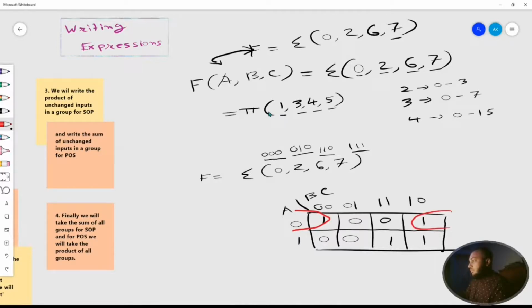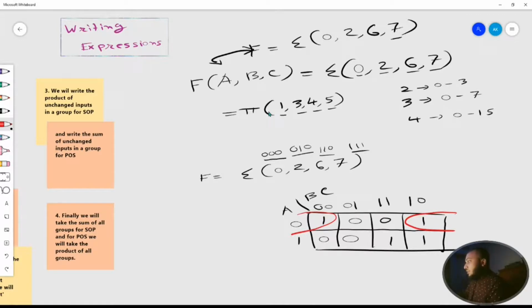And now if we want to form groups, you can see that this one, the one in the first row and first column, is adjacent to this one, so we can form a group like this, because we have to form groups containing the highest possible members.